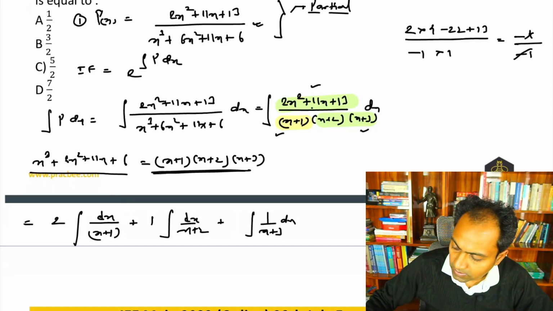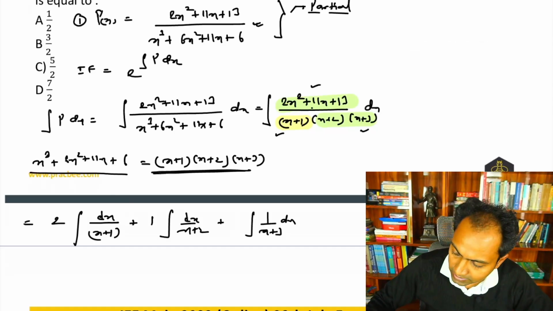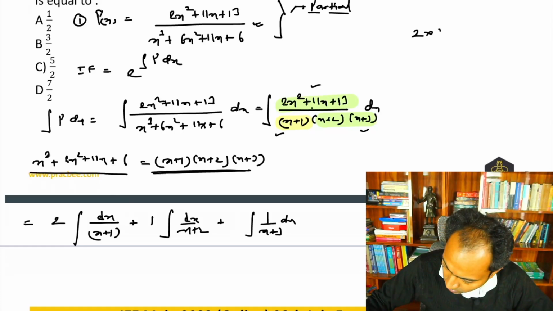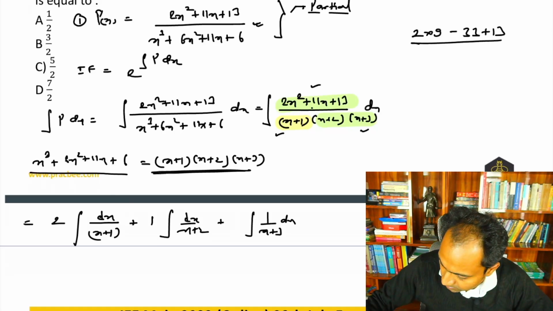Now in this last one, again we'll put the value of x equal to minus 3 in the top term. So if I put there, this is 2 into 9 minus 33 plus 13, and the denominator will now become minus 2 into minus 1.